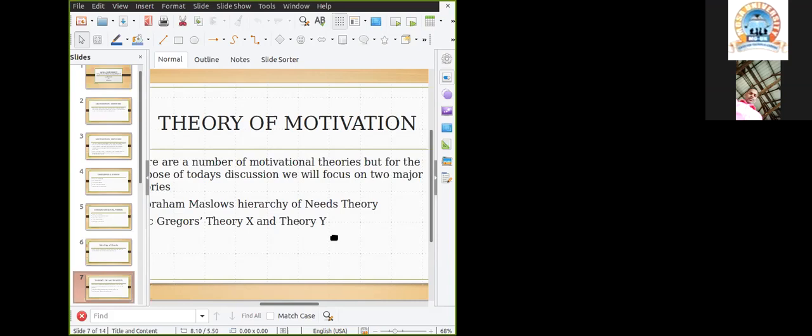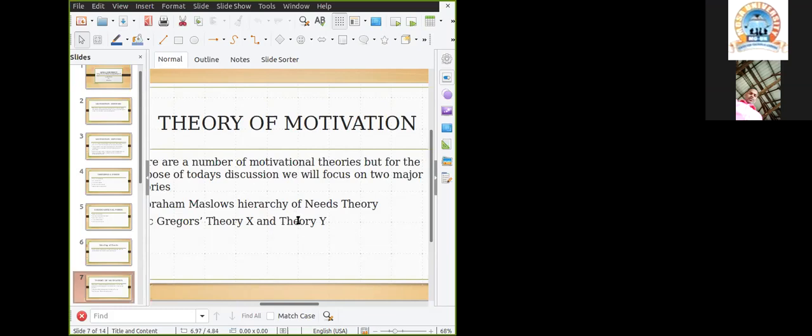So we have to appreciate what this theory is all about. In other words, for us to understand the motivation concept from first principles, we need to appreciate what Abraham Maslow's hierarchy of needs theory is all about. Actually, let me point out that the rest of the motivation theories were developed from Maslow's hierarchy of needs theory.